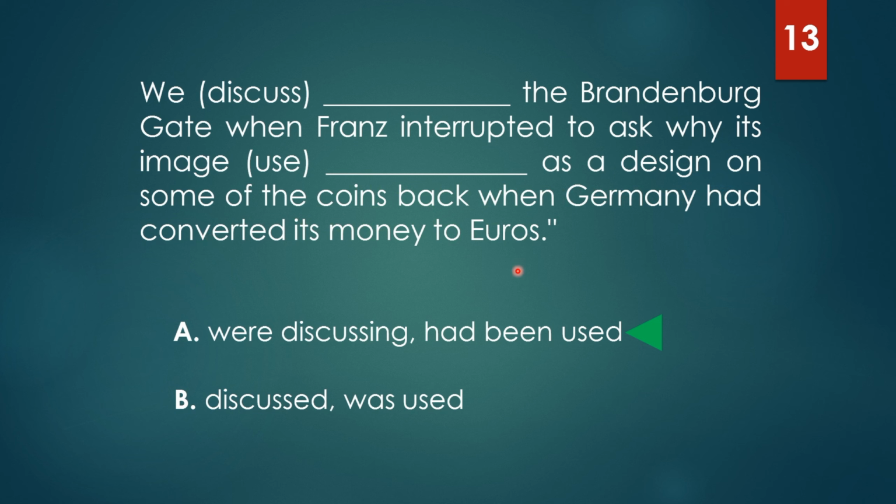Well, we have a past tense: Germany converted its currency to euros, and we are talking about before that. So I need a past perfect tense, and because the image is not the subject of the sentence but the object, I use a passive form of the verb, had been used.